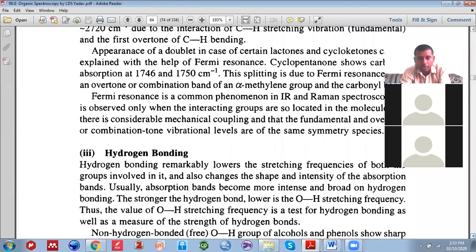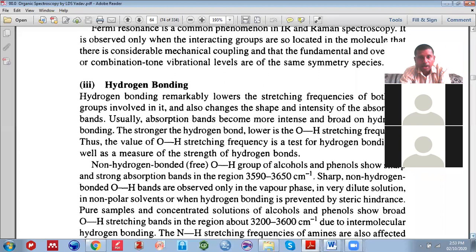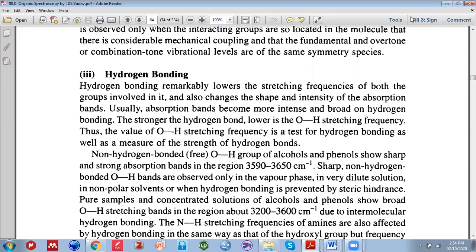Next case is hydrogen bonding. We have already seen this phenomenon in hydrogen bonding cases, which basically occur in alcohols and carboxylic acids.